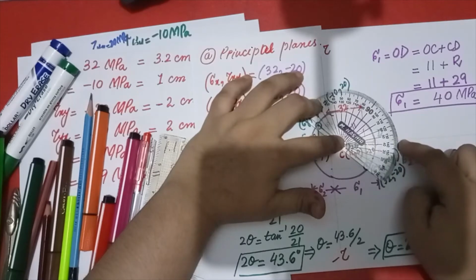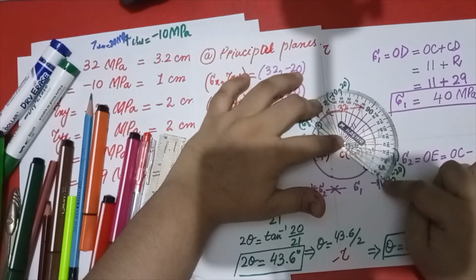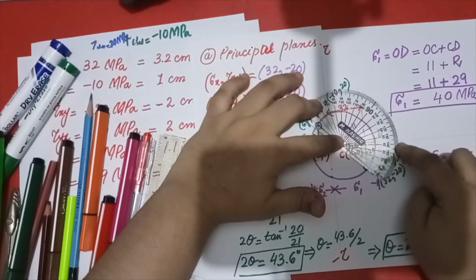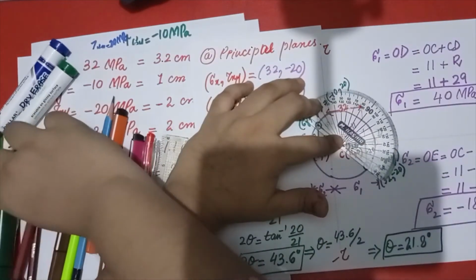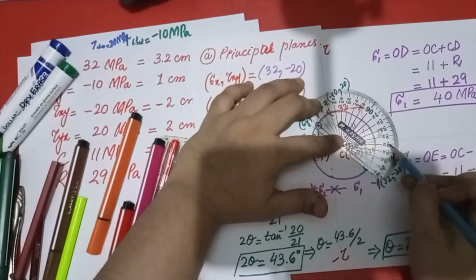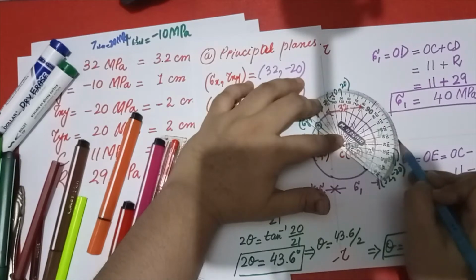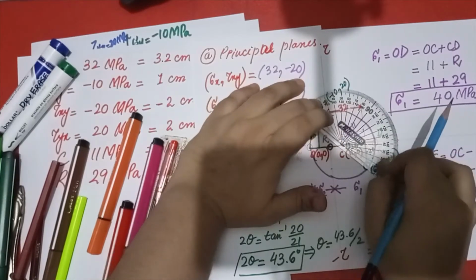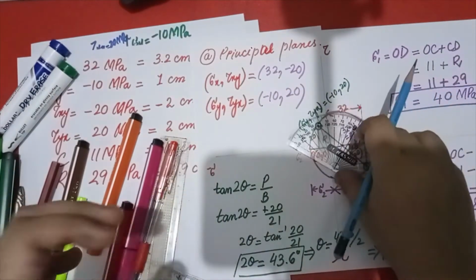You can see this is from 0 and it is coming out to be 43.6. Let me mark, this is 1, 2, 3, 43.6. Here this is 43.6, and you can prove that it is coming out.